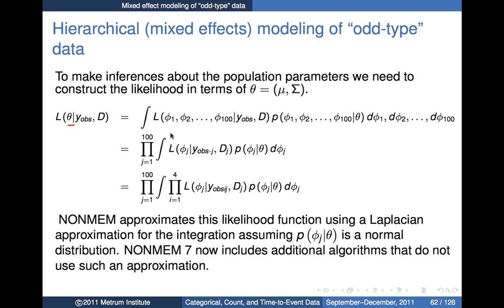So to get that, we have to do a little additional work. So the first thing we do is we go ahead and write out the joint likelihood for all of these individual specific parameters here. And then we integrate over all of those things. So we have to then concern ourselves with all of these distributions of the individual parameters given the population parameters. First of all, what you're looking at is the likelihoods for all of those individual phis.